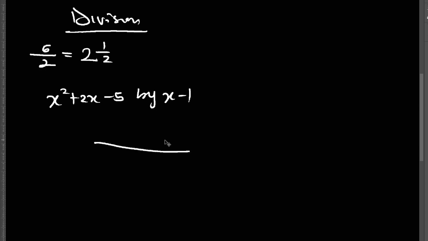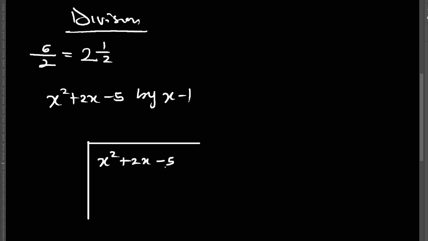So what we do is this: we have x squared plus 2x minus 5, divided by x minus 1.